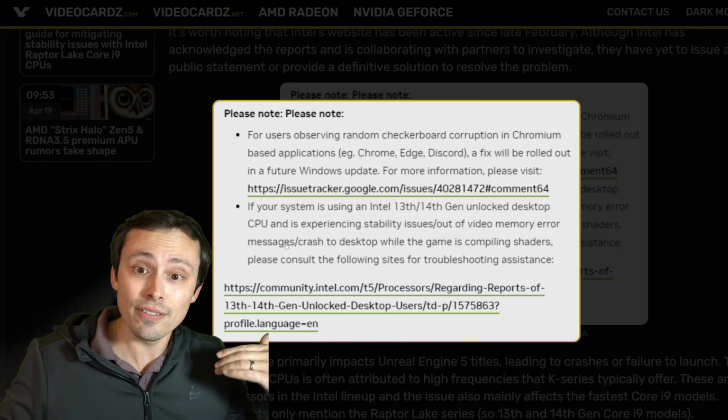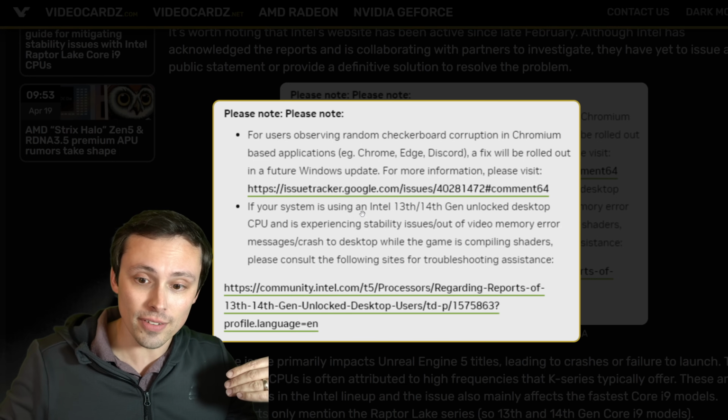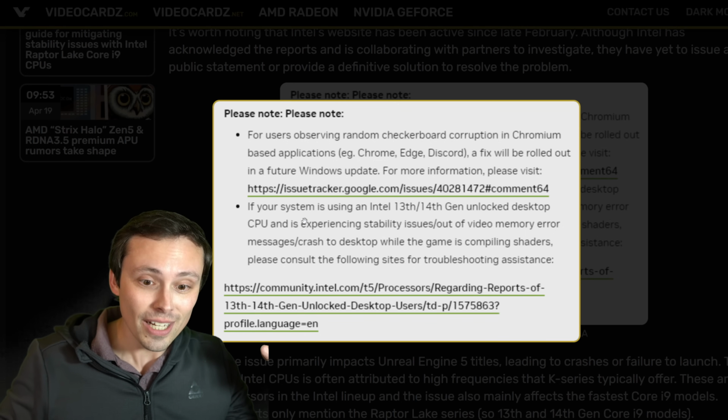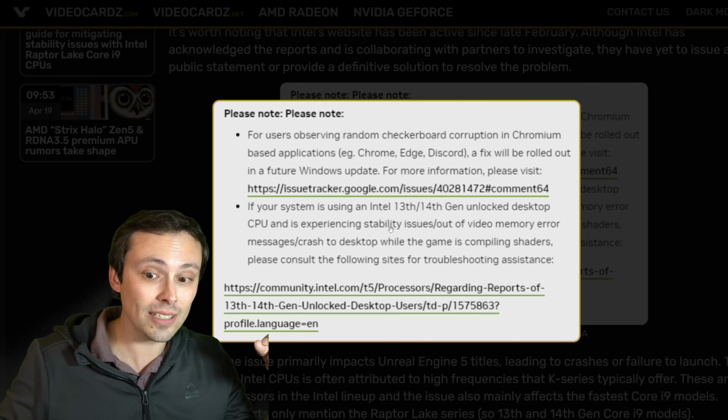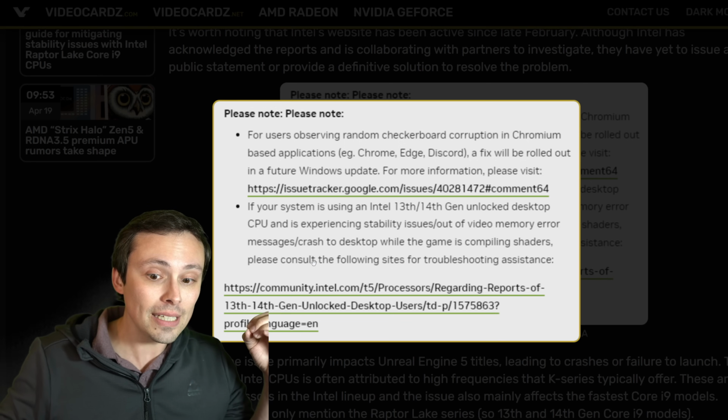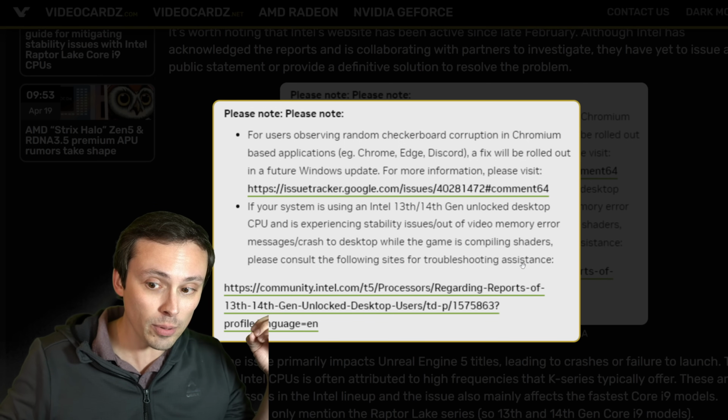So I imagine Nvidia was getting reports of these, but they are saying in this note, if your system is using an Intel 13th or 14th gen unlocked desktop CPU and is experiencing stability issues, out of video memory error messages, or crashes to desktop while the game is compiling shaders, please consult the following sites for troubleshooting assistance.